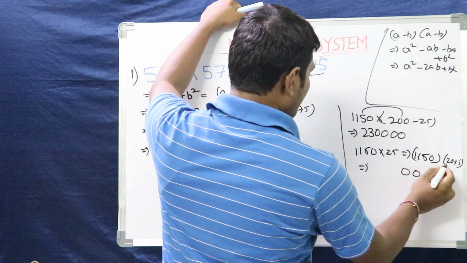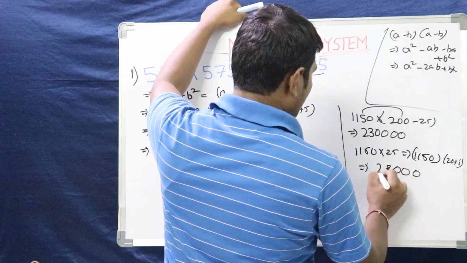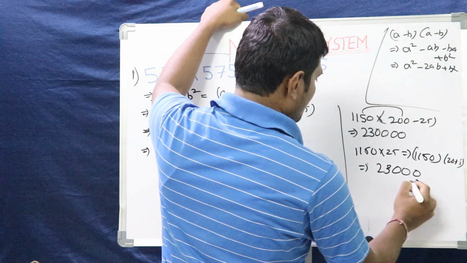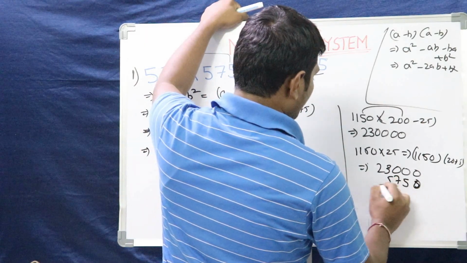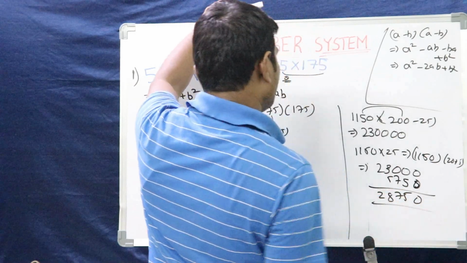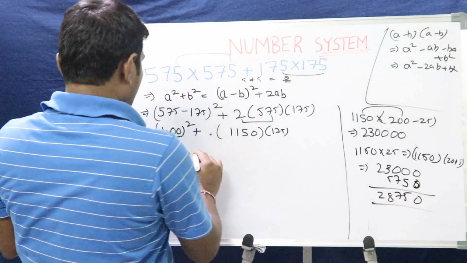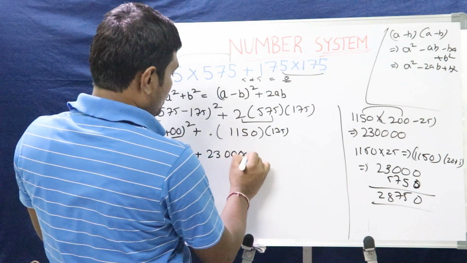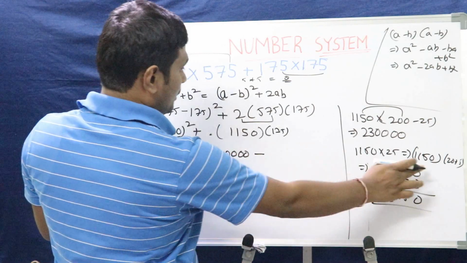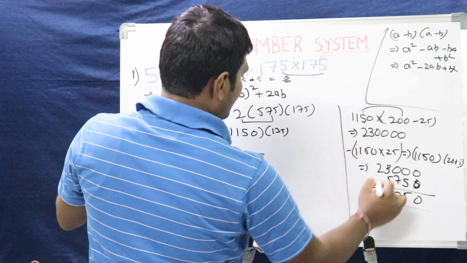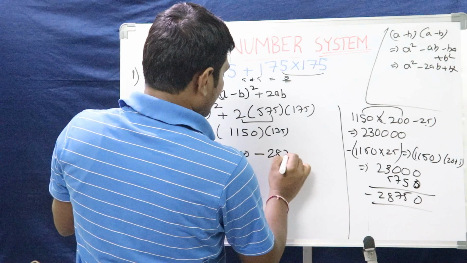1150 into 20: 2 zeros, 2 5s are 10, 23, so 23,000. And 5 I am multiplying: 5 zeros are 0, 5 5s are 25, so 28,750. We need to add this, 23 with 4 zeros, then subtract because this is minus 1150 into 25, so minus 28,750.